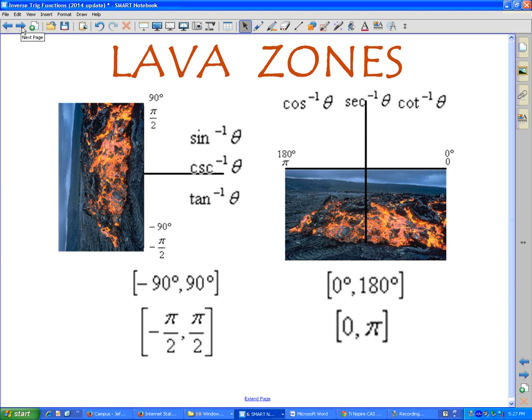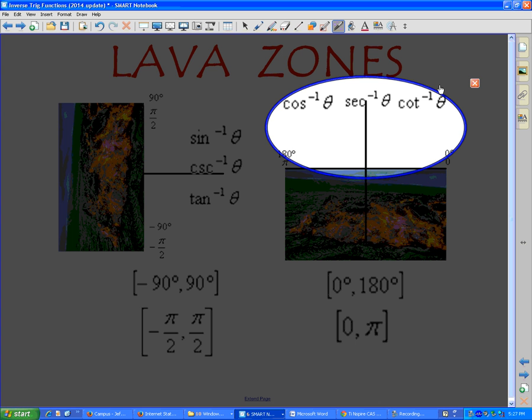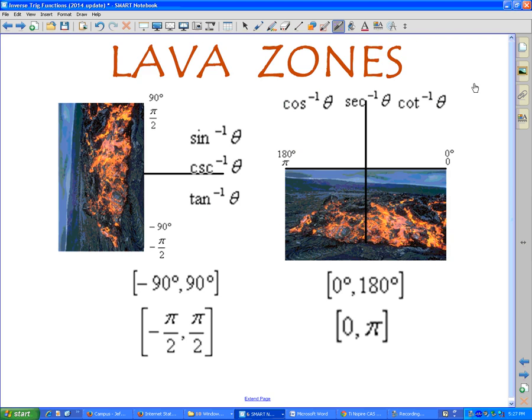The inverse sine, inverse cosecant, and inverse tangent functions all have their ranges bounded from negative pi over 2 to pi over 2. The inverse cosine, inverse secant, and inverse cotangent functions all have their regions bounded from 0 to pi, or 0 degrees to 180 degrees.